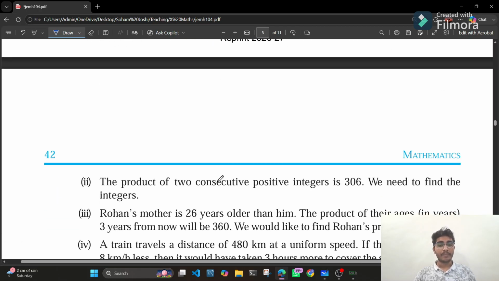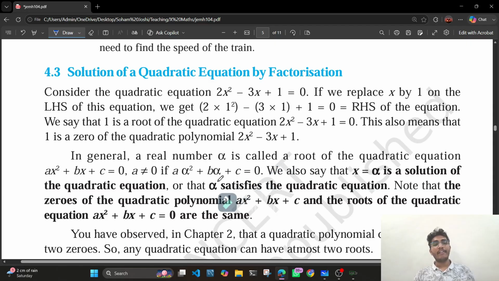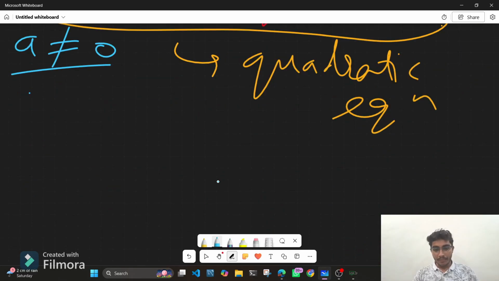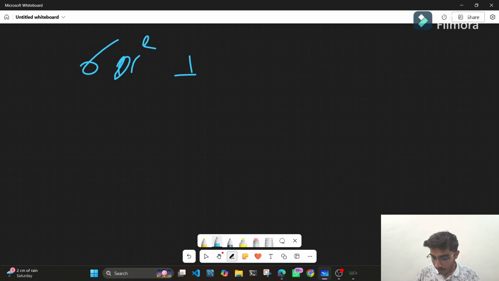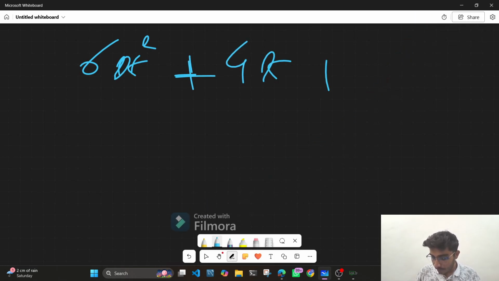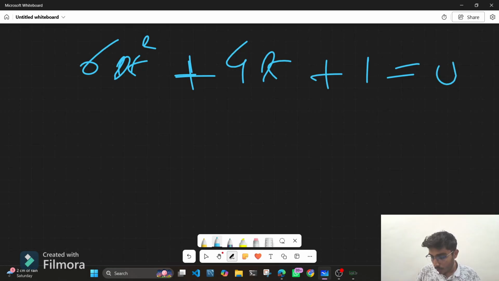I'll definitely clarify them. Moving further, we have a concept called solution of quadratic equation by factorization. So basically, if I take, let's say, 6x square plus 4x plus 1 equal to 0.